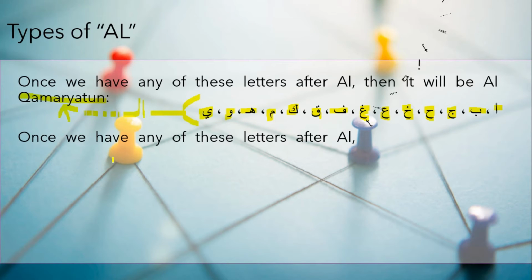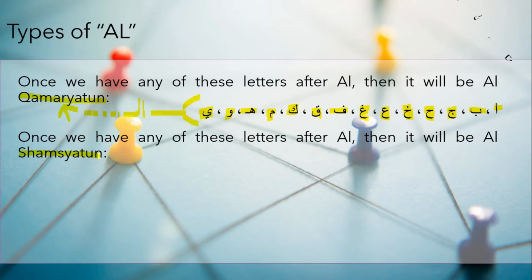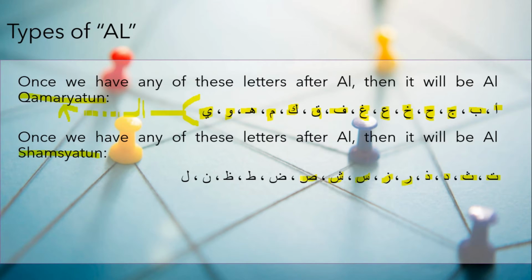However, once we see one of these other letters after L, then it will be shamsiyyah. Exactly the same explanation. The letters ta, tha, dal, dhal, ra, zay, sin, shin, sad, dad, tah, dah, noon, and lam.